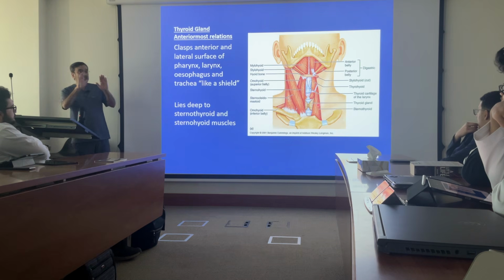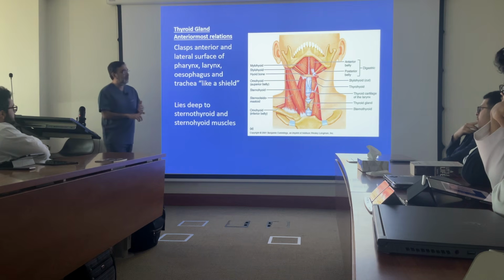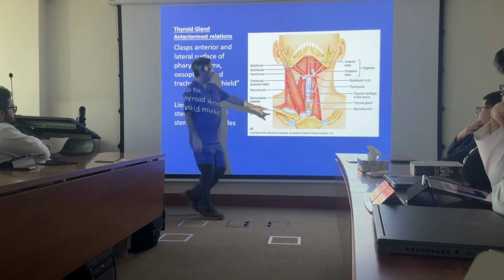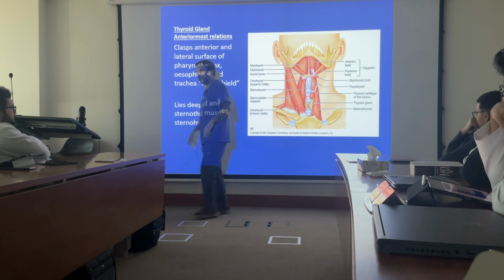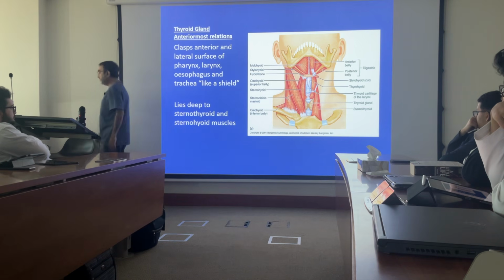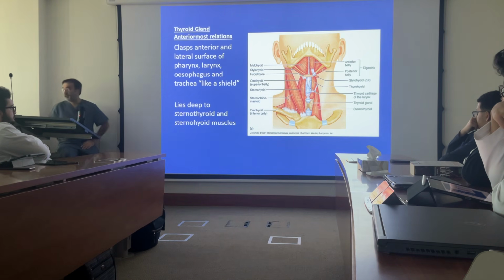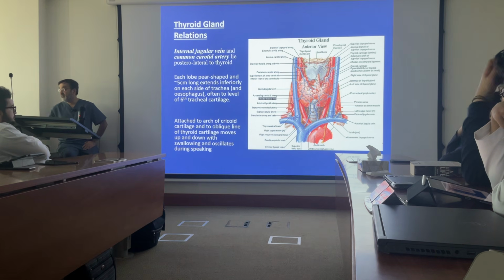So anteriorly, the strap muscles, the sternothyroid and sternohyoid, are covering. On the sides, you would see that the thyroid gland is covering the trachea and the esophagus, and at the lateral margin, you would have the internal carotid arteries and the internal jugular vein, which are going to be at the lateral margins of this gland. So you can see it here.